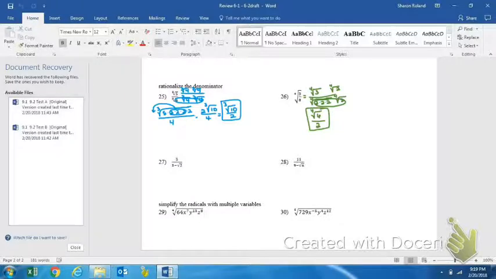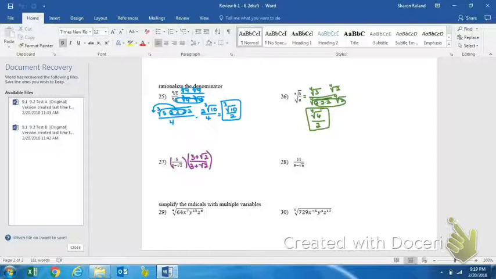Number 27, you've got to get that radical out of the denominator, and the only way to get rid of it is to multiply it by its conjugate. And its conjugate is the exact same thing, except that middle sign is going to be opposite of what's there. So this one is also 3 plus root 2. Multiply 5 times both of those.